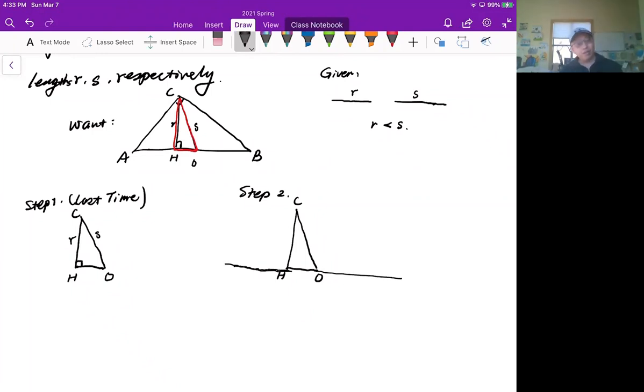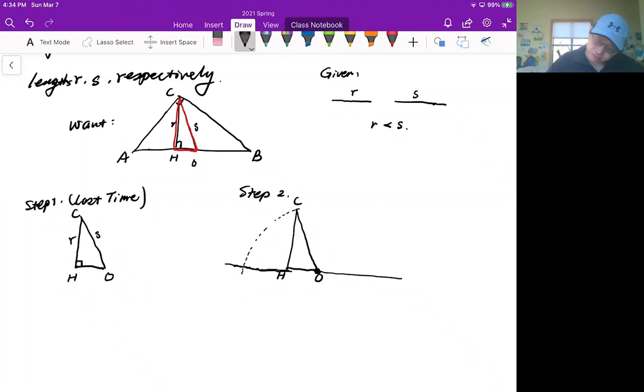And then you need a right angle at C. But that's okay. As long as I can make the bottom line the diameter of the circle, the top part automatically gives me a right triangle. So I go from here, use O as the center and OC as the radius, and draw a circle.